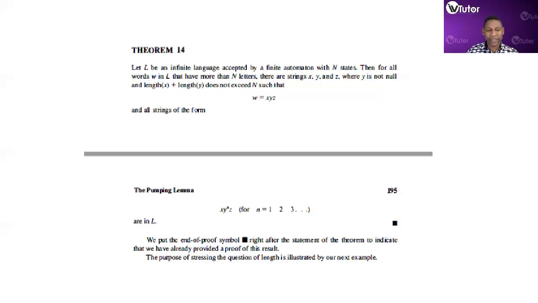Then for all words in L that have more than n letters, what is the significance of n letters? The significance is that if you have n or more letters, it means that you have looped one or more times. There is a theorem that we discussed last time.